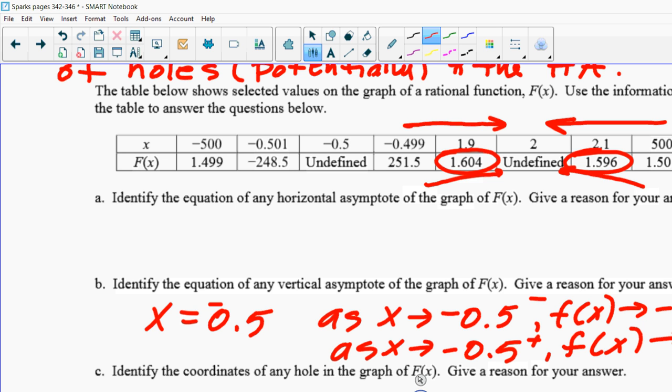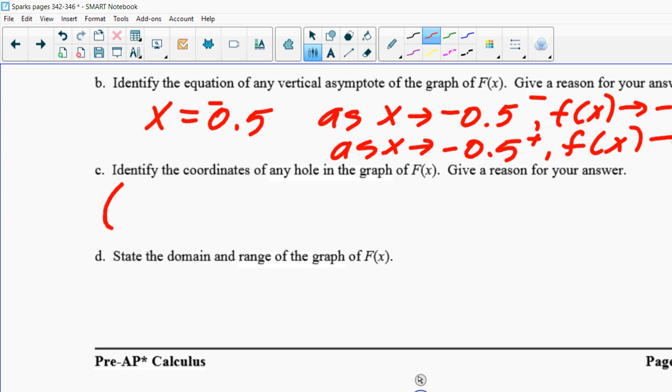You see these numbers are real close together, aren't they? And it would make sense that there would be a hole at the point 2, 1.6, because the y values are approaching the same number as x approaches 2 from the left and the right.